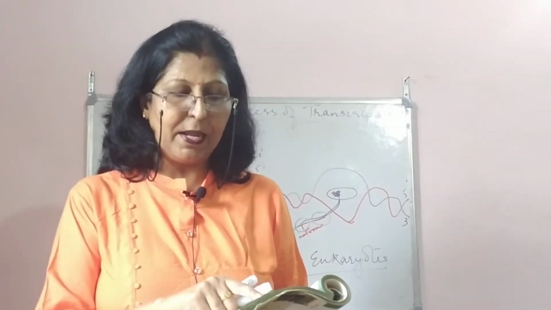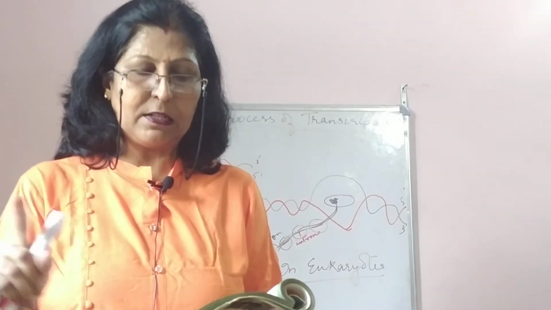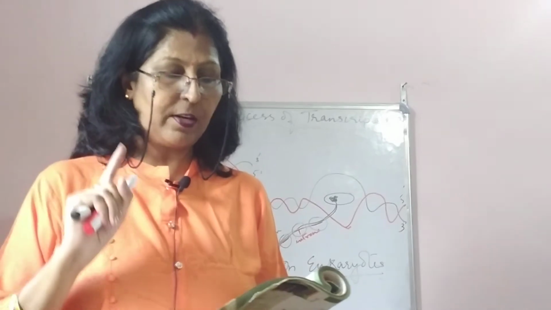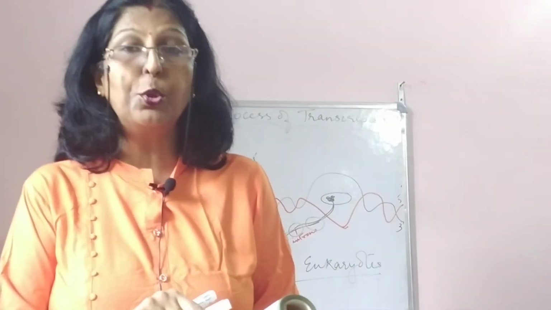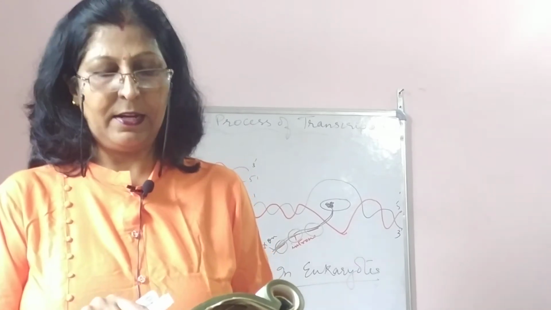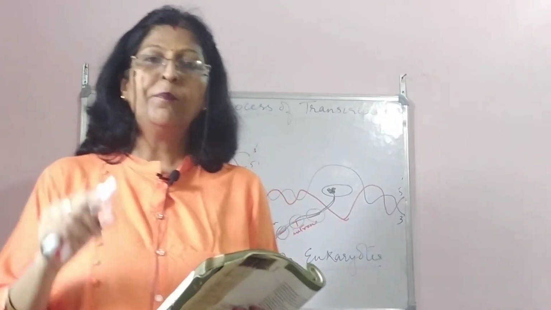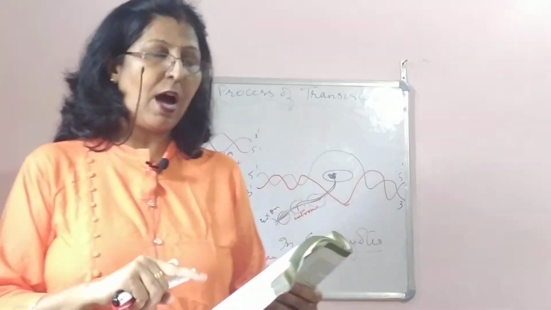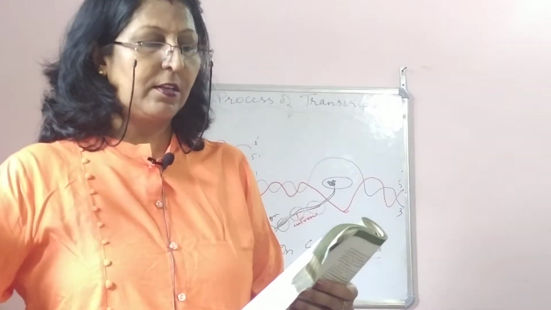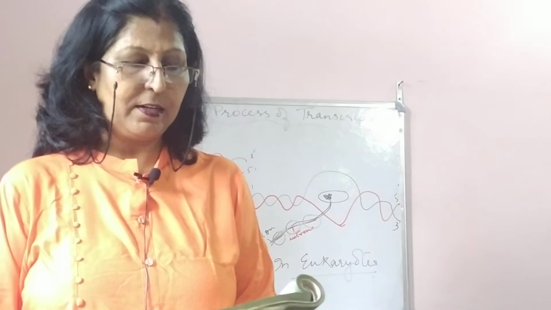Small nuclear RNAs and all have their sizes given, but note that RNA polymerase 3 is responsible for transcription of tRNA, and polymerase 2 transcribes the precursor of mRNA, that is heterogeneous RNA. So polymerase 1 is ribosomal RNA, polymerase 3 is transfer RNA, and polymerase 2 is mRNA.